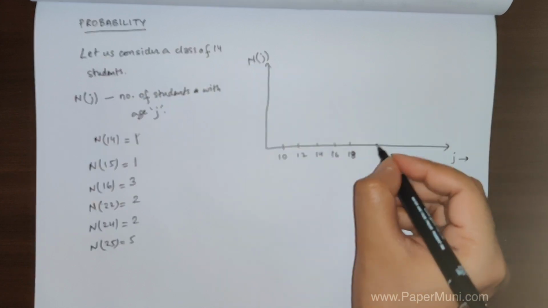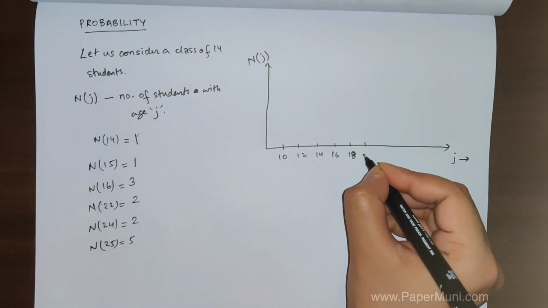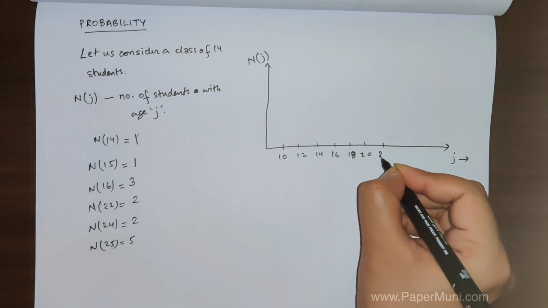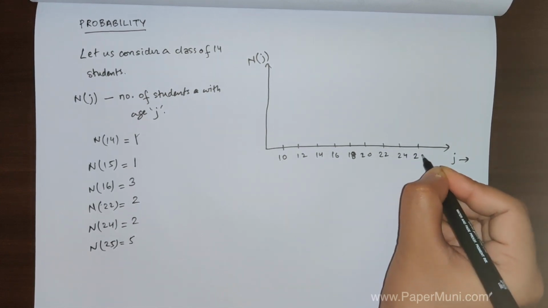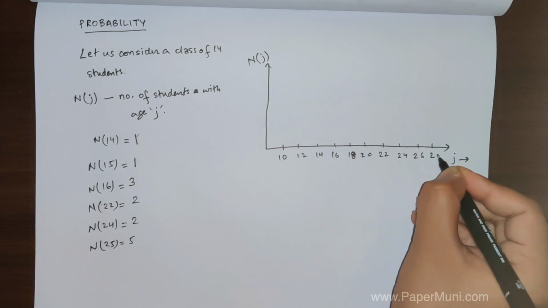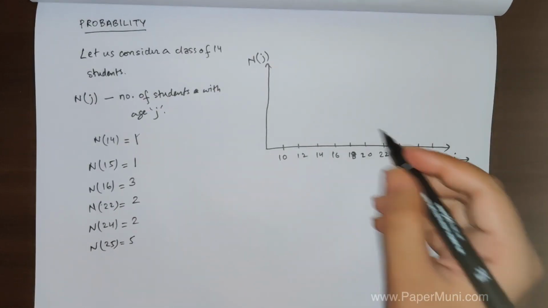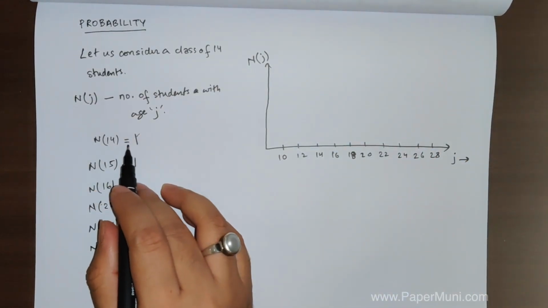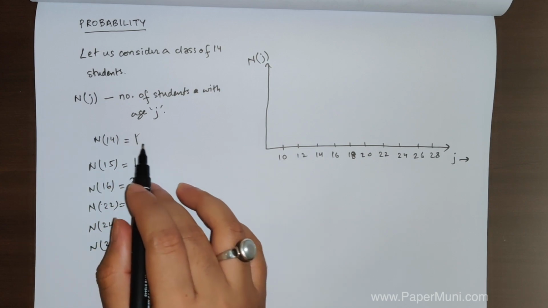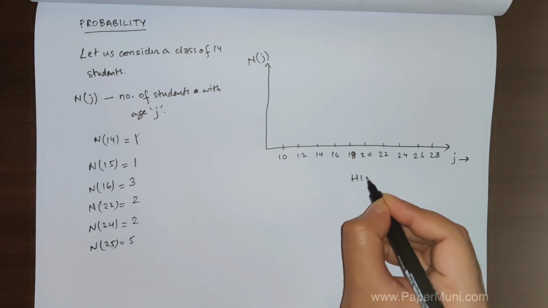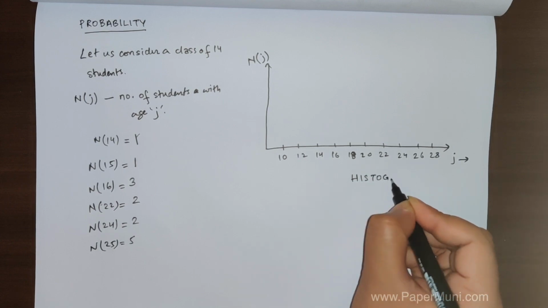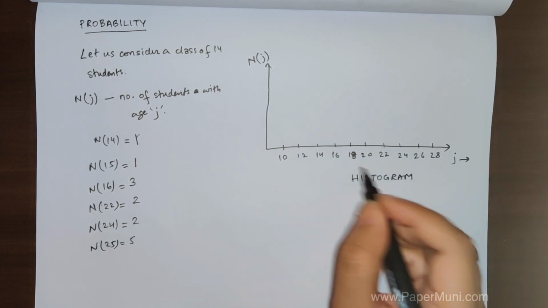We are taking a gap of 2, and this is 20, 22, 24, 26, 28. I think this is enough. Let's plot the histogram. I hope everybody knows how to plot a histogram. If you don't know, just have a look at it. What we are drawing is called a histogram.